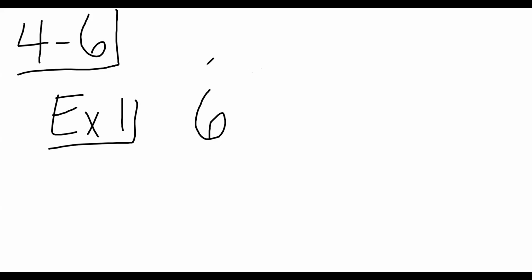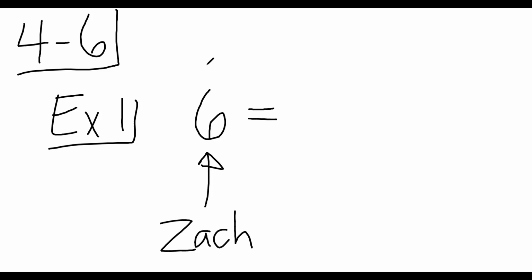So here on the left side, this is Zach. Zach has 6 total shirts. So that's all it says. And then on the right side of my equation, it's going to be a little different because they're giving us this weird equation that we have to solve for. So it says this is 4 less than.